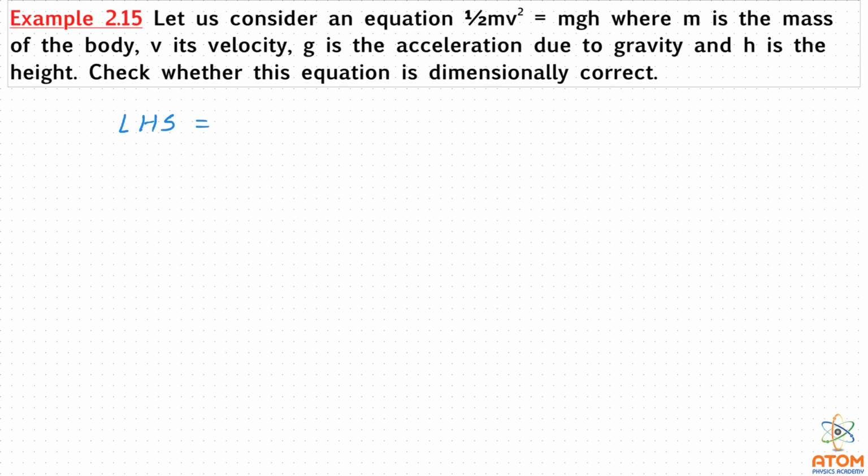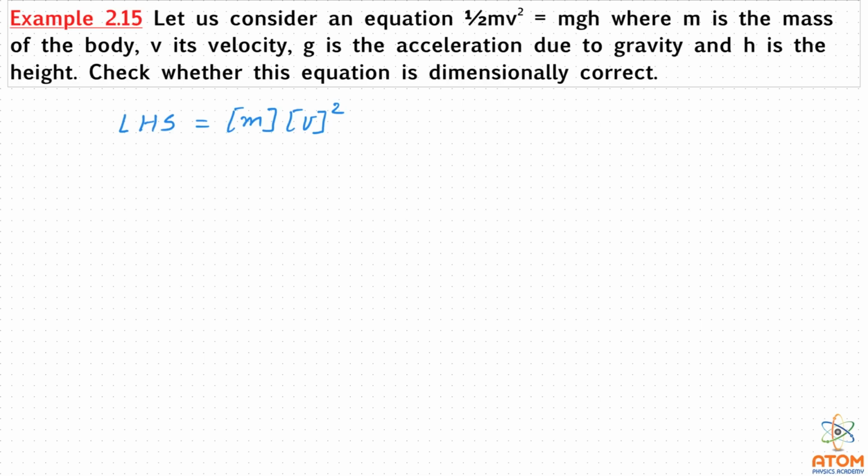Here in the left hand side we have 1/2 mv², and we know that we have to consider m and v only in this case, because 1/2 is a constant and constants are not considered in dimensional analysis. So I have to take the dimension of m and the dimension of v with a square there.